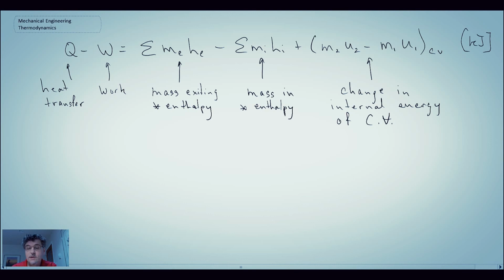Now, another thing that I should point out is you'll notice we're missing a couple of terms. We're missing both the kinetic energy change as well as the potential energy change. So the above equation neglects both of those.